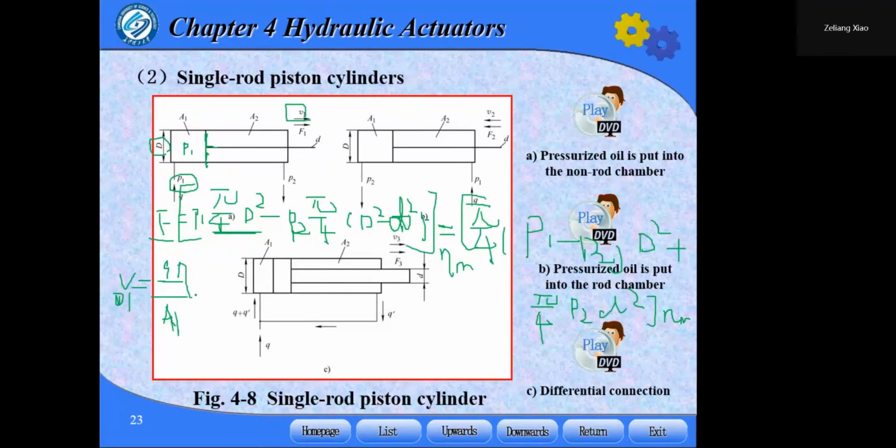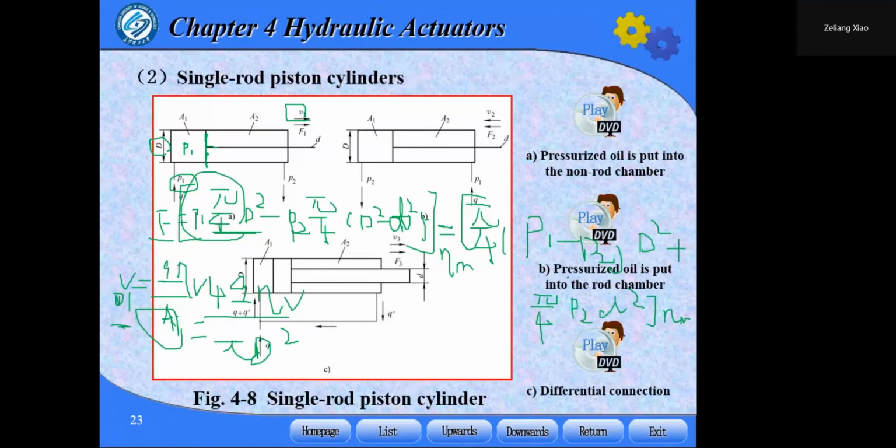There also exists the volumetric efficiency, so we can get A1 here, and we get the speed we want.